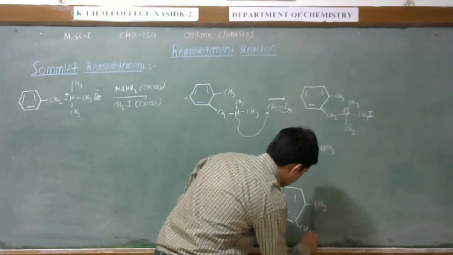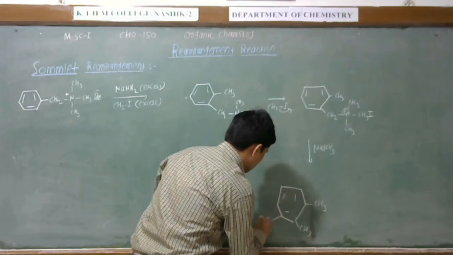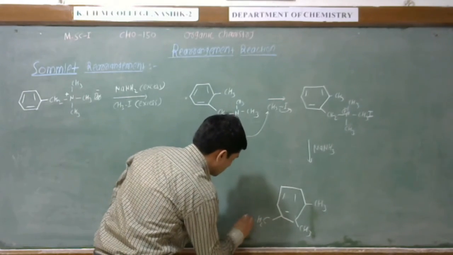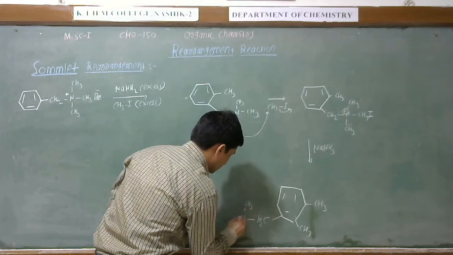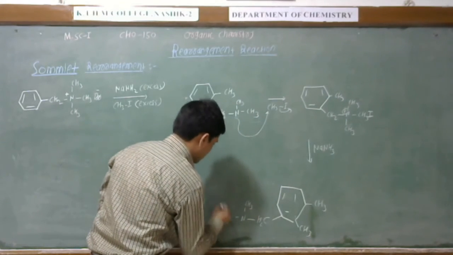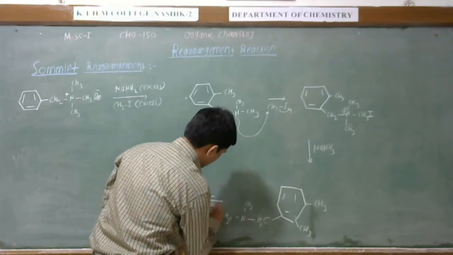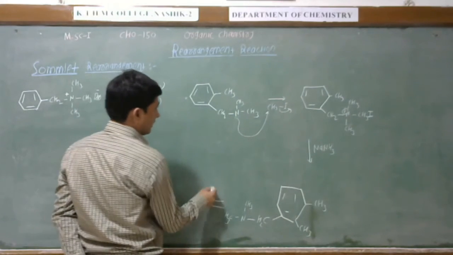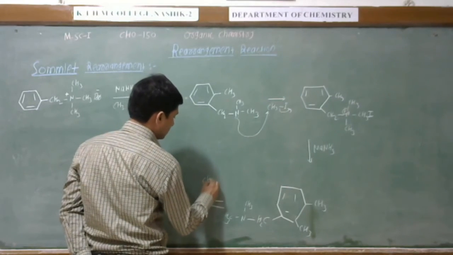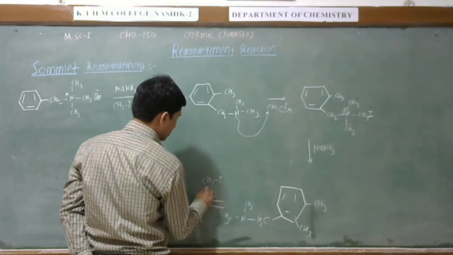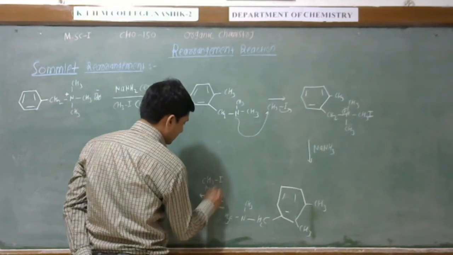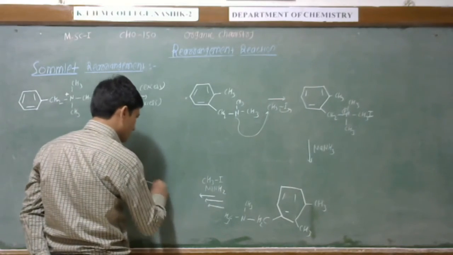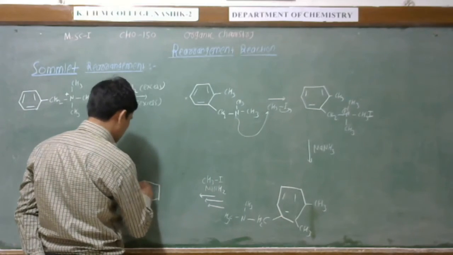This is again CH3, and here is the CH2, nitrogen, CH3, CH3. So by using excess CH3I and excess NaNH2, we can get the product which will be like this.